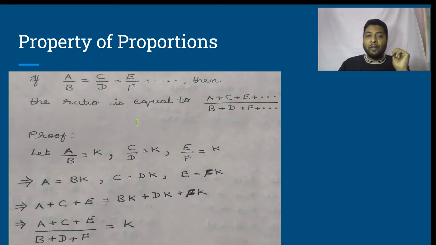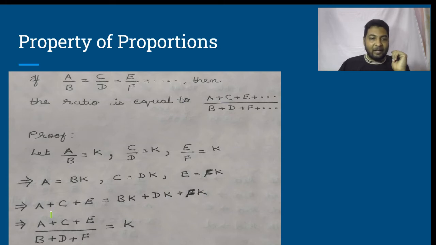The proof for it: if we consider A by B as K, then C by D is K, E by F is K. A will be equal to B into K, C is equal to D into K, E is equal to F into K. So if I add A plus C plus E, I'll get BK plus DK plus FK.